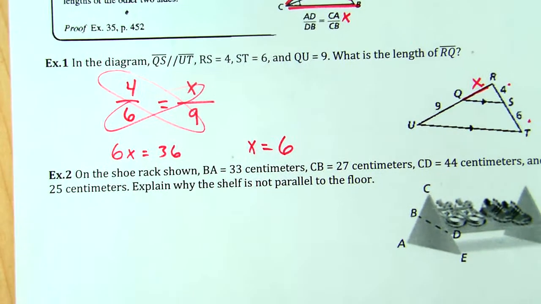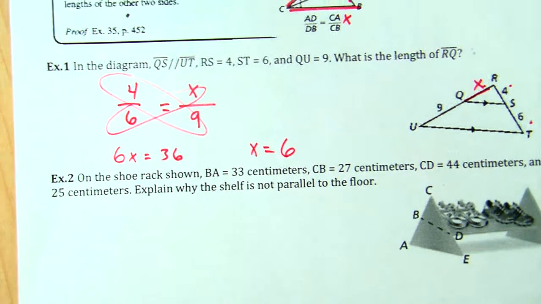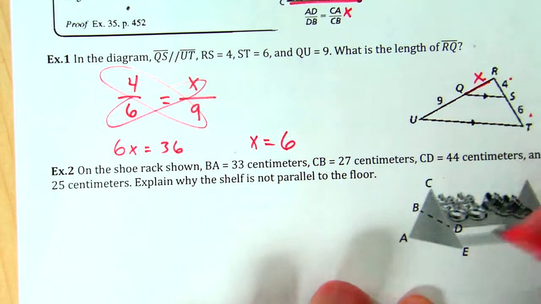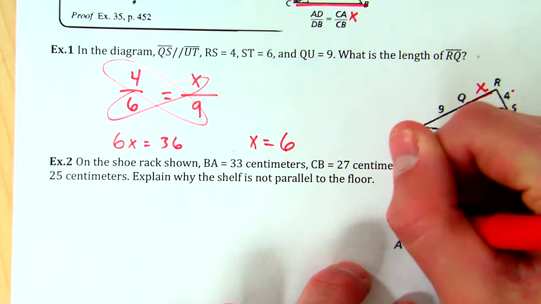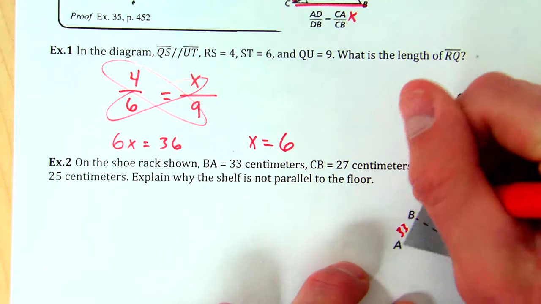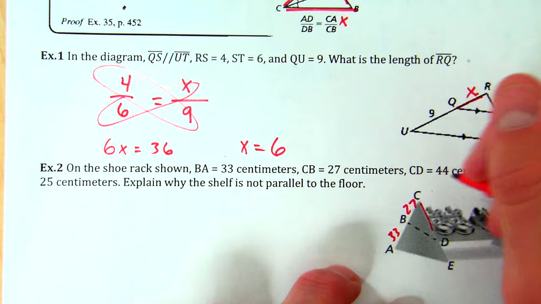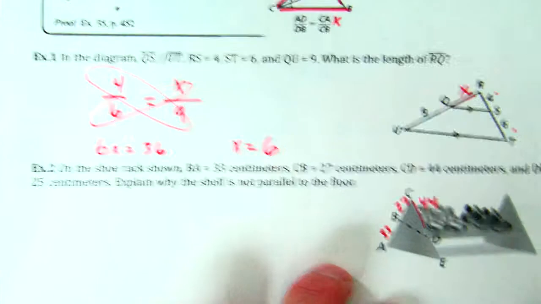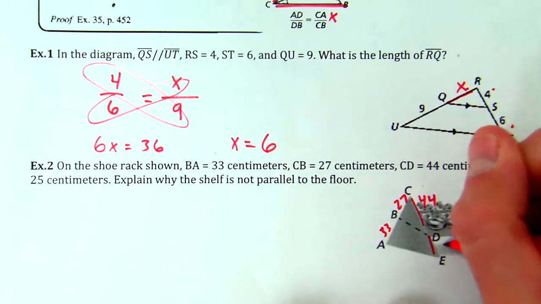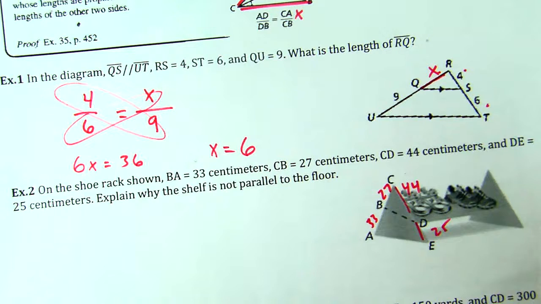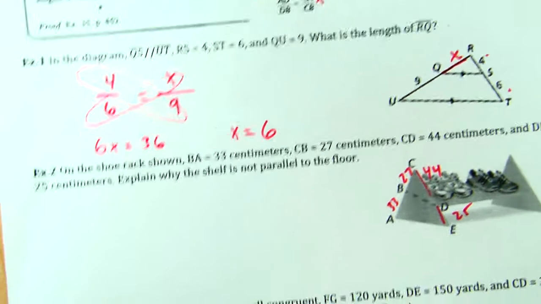Example 2, I would first label. Here's a shoe rack where AB is 33 centimeters, CB is 27 centimeters, CD is 44 centimeters, and DE is 25 centimeters. Explain why the shelf is not parallel to the floor.